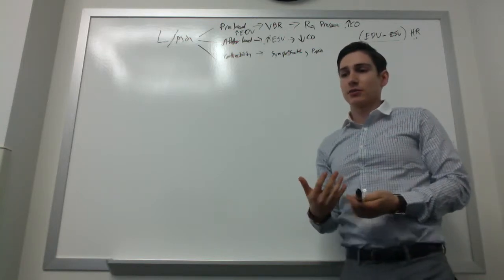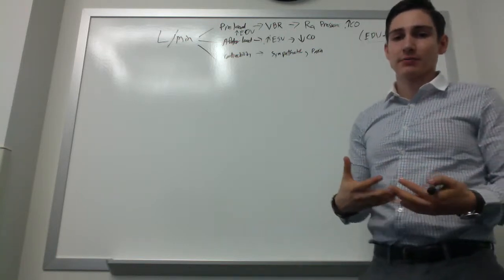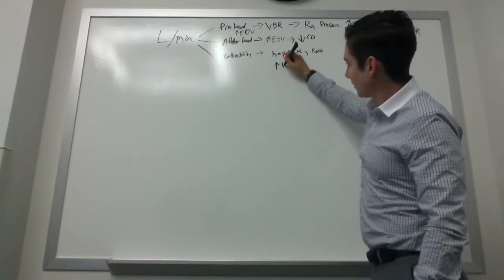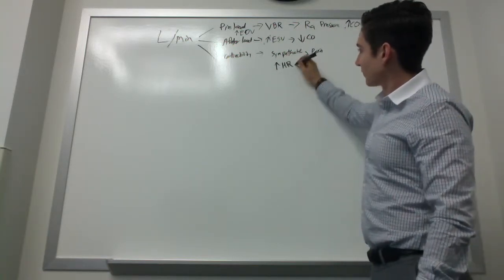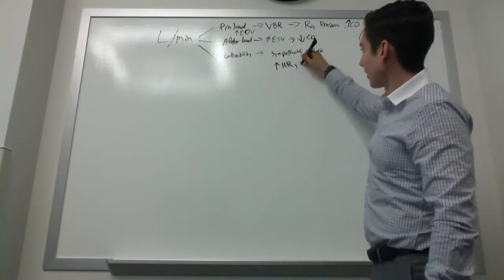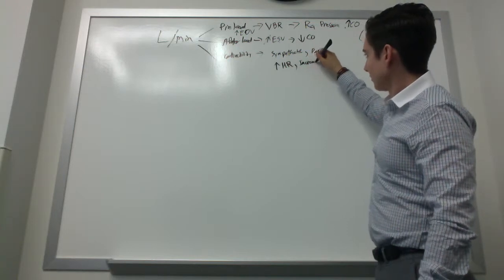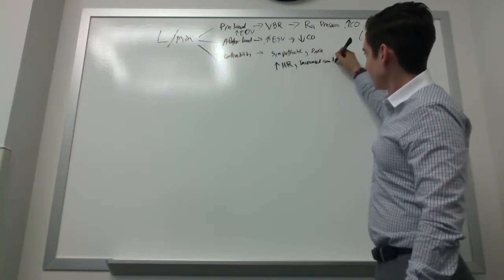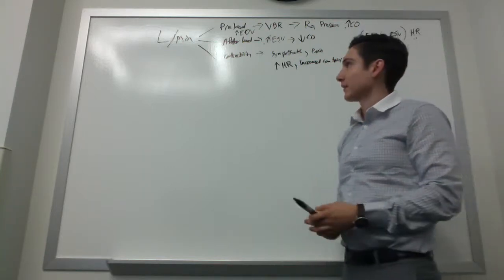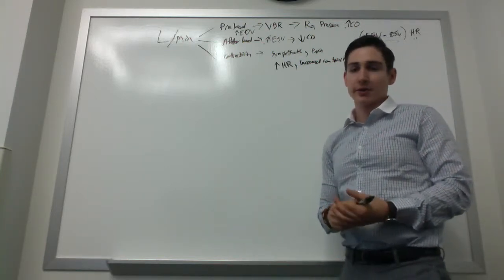If the sympathetic nerves activate, they increase the heart rate, and they also stimulate increased contraction. Okay, so those are all the things that regulate the cardiac output.